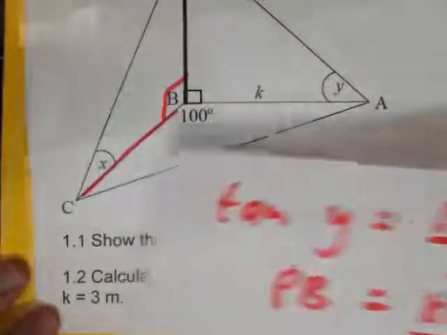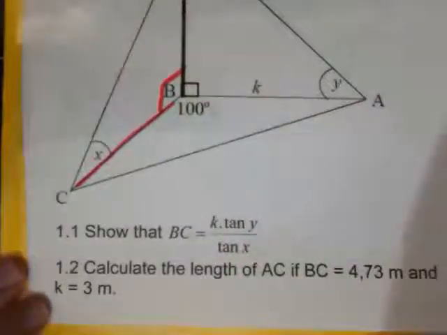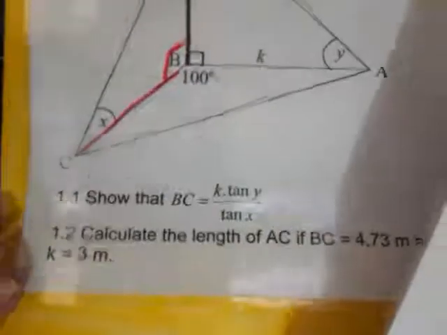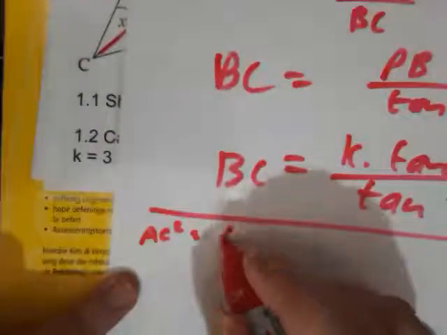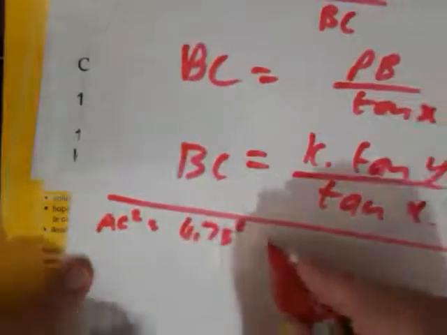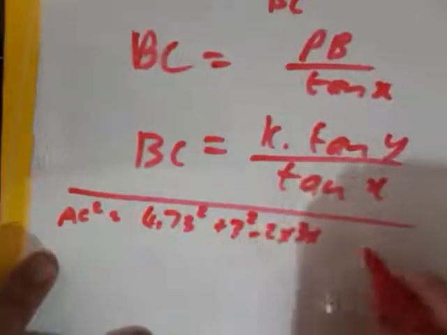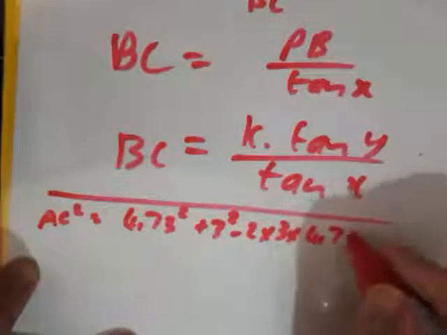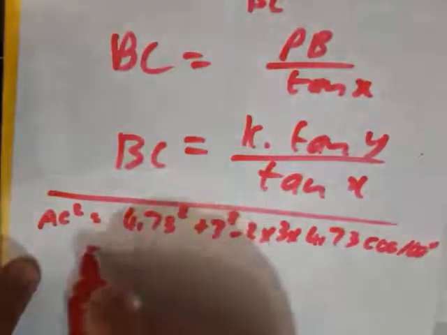And so we have two sides that include an angle, so that's the cos rule, and we can work it out straight away. So we can say AC squared is 4,73 squared plus 3 squared minus 2 times 3 times 4,73 cos of 100 degrees.